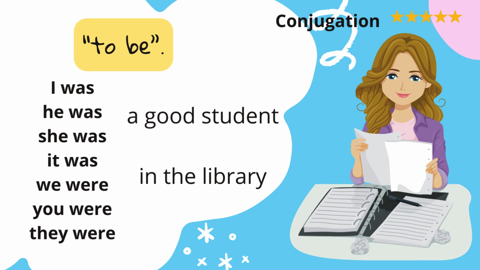He was a good student. She was a good student. Or I can say, it was in the library, we were in the library, you were in the library, and they were in the library. Because remember, the verb to be has two meanings in Spanish, ser and estar. So depending on the meaning is the complement that you are going to use.